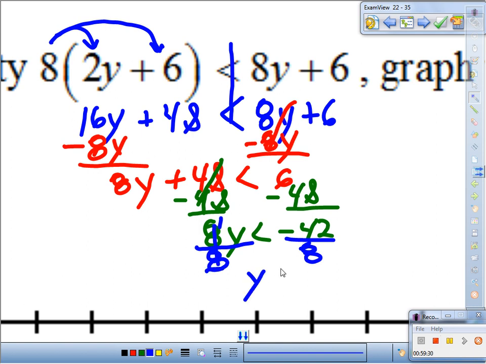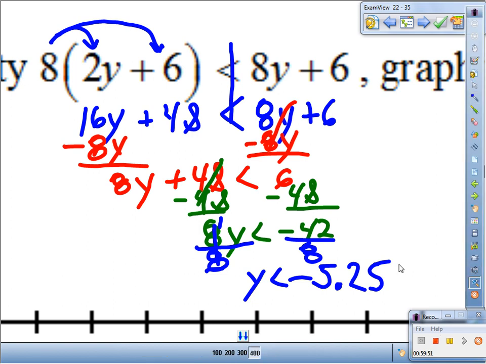y is less than negative, what is 42 divided by 8? 5 and 1/4. I'm going to leave it as a decimal, 5.25. Okay? Let me zoom out so we can graph this.